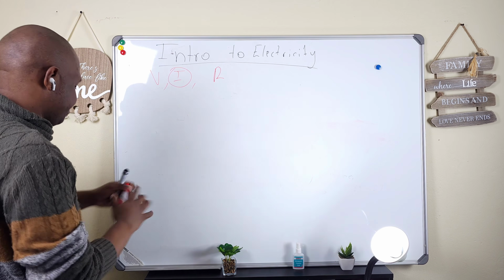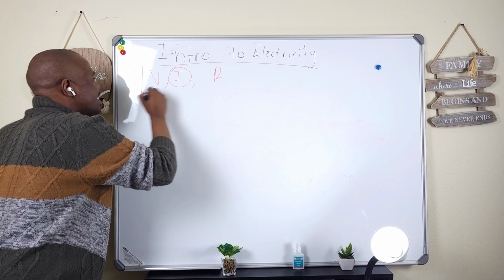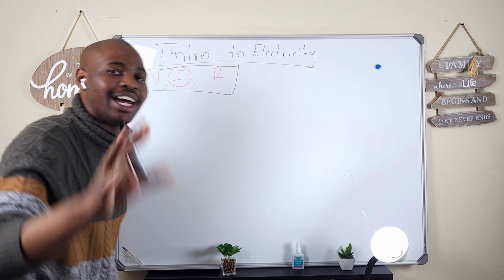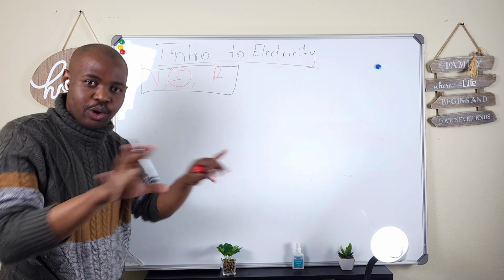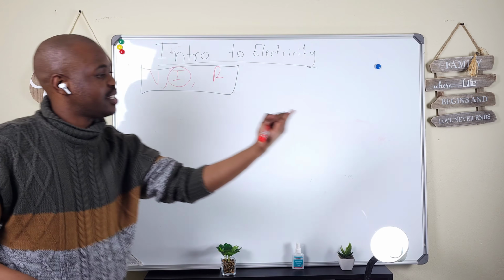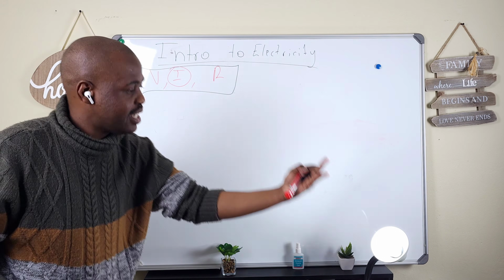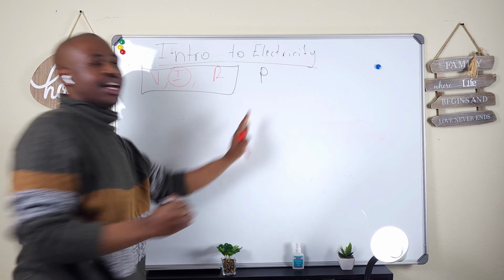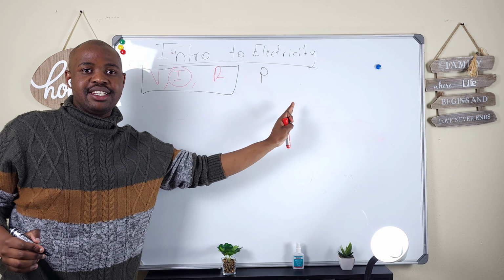Now these three electrical quantities, this is what we'll be calculating for the entire course of electrical engineering. We'll be looking at voltage, current, resistance, and lastly, power. I haven't touched that yet.